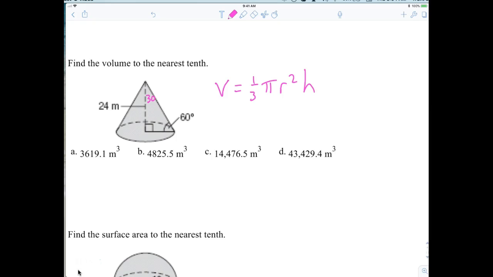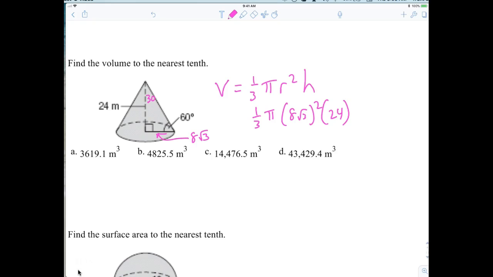So this right here is 8 radical 3. So now 1/3 pi times 8 radical 3 squared times 24. And then I got 603.2 meters cubed.